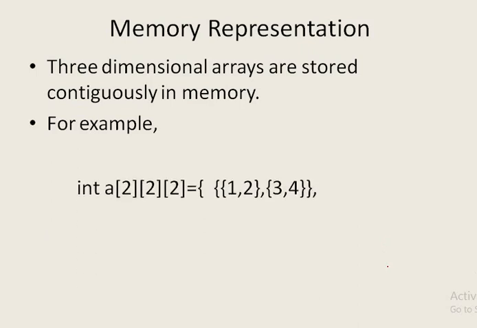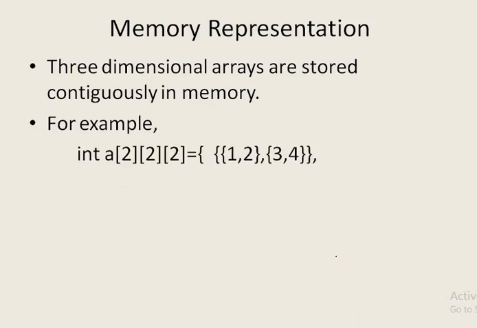For example, you can see here an array with 3 subscripts, where the block number is 2, row size is 2, and column size is also 2. It means that this array has 2 blocks, and each block will have a 2 by 2 matrix. Here you can see the initialized values.